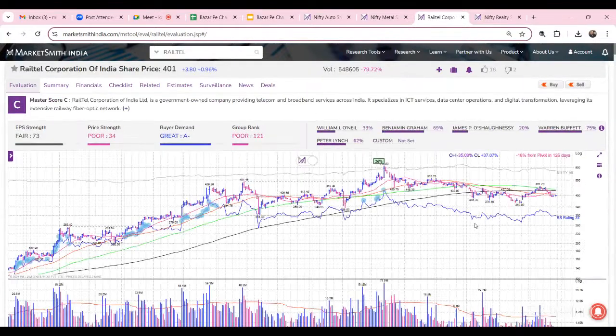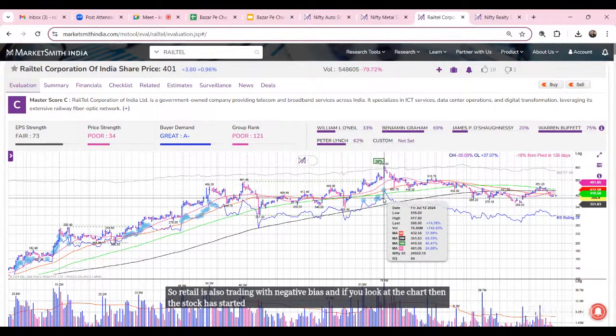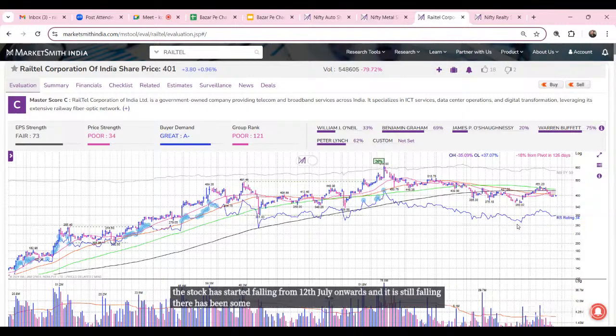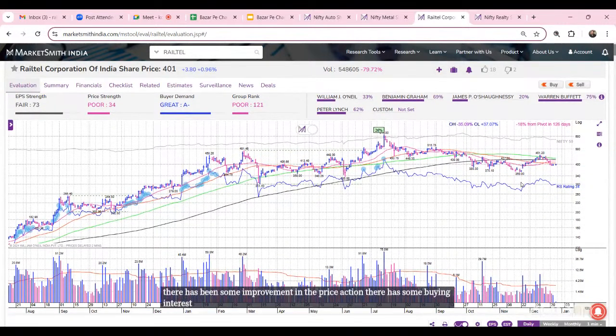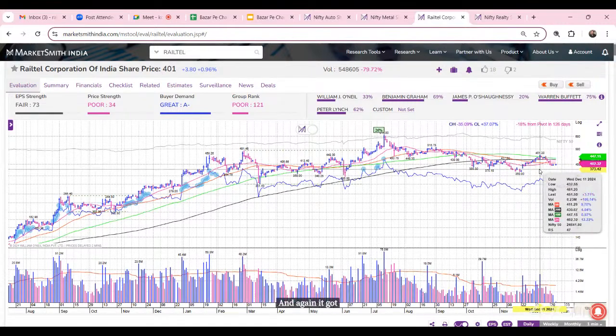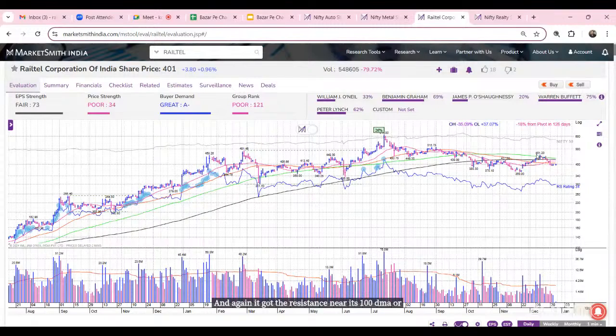So Railtel is also trading with a negative bias, and if you look at the chart, the stock started falling from 12th July onwards, and it is still falling. There has been some improvement in the price action. Some buying interest emerged, but it did not last long. Again it met resistance near its 100 EMA, at the level of 461.